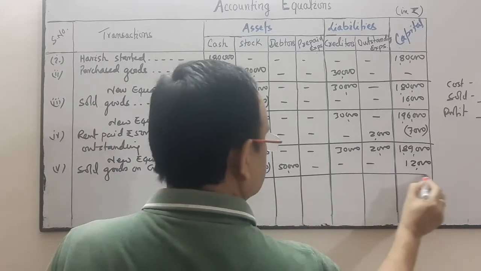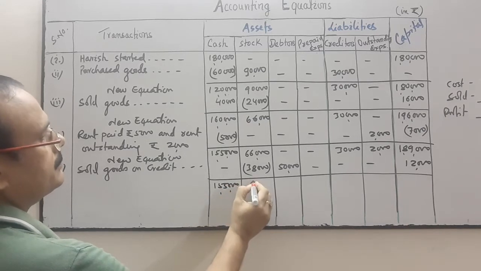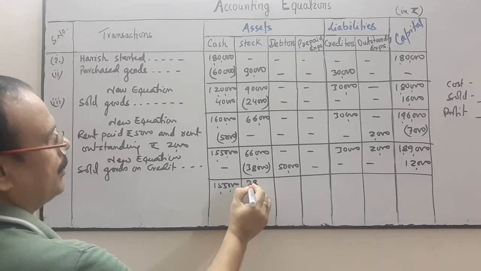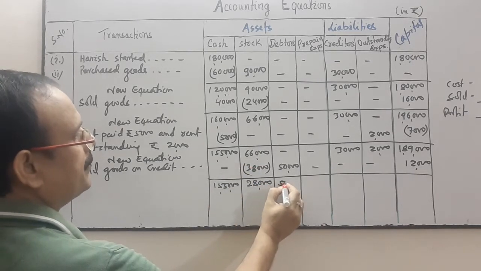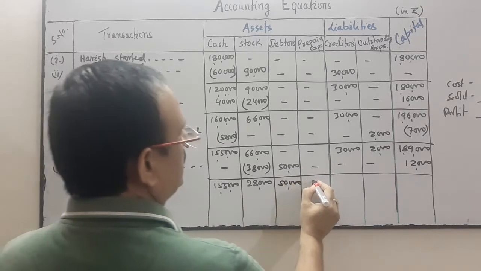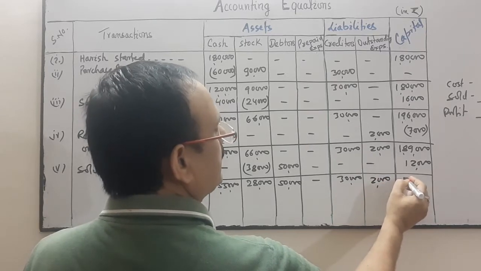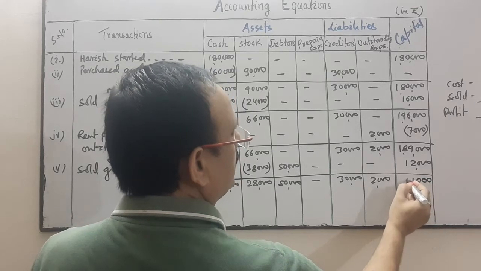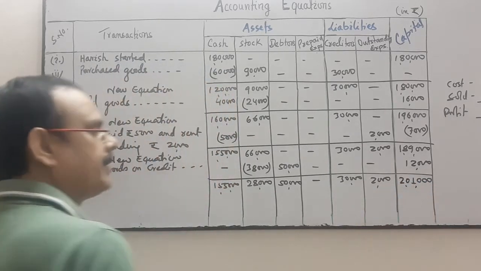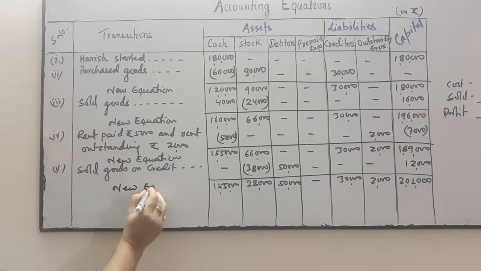So after these transactions the equation is 1,55,000 is your cash, 28,000 is your stock after deduction of 38, 50 is as it is your debtors, 30 is your creditors, 2,000 is your outstanding expenses, and by the amount of profit the capital is increased by 12,000. Now it is 2,01,000. New equation after the fifth transaction.